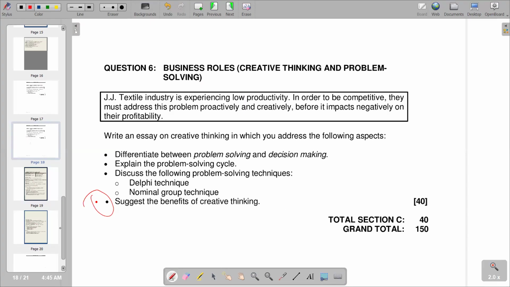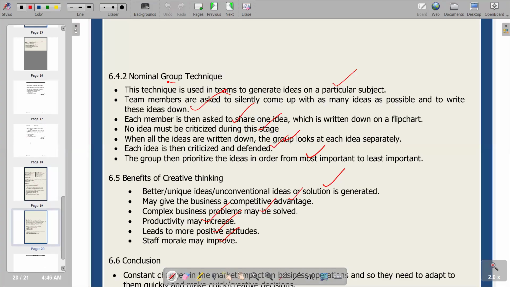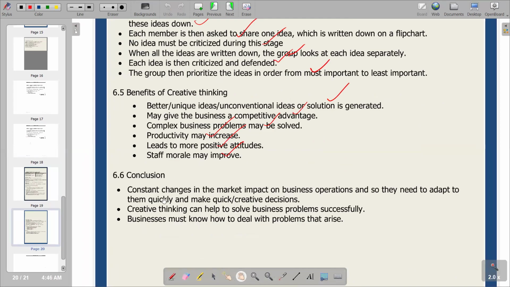But according to the conclusion of this essay, we are given a typical conclusion that we can include, that we've just come up with for the sake of this video. According to the discussion that we had in the main body, we can just conclude by saying constant changes in the market impact on business operations, and so they need to adapt to them quickly and make quick or creative decisions.